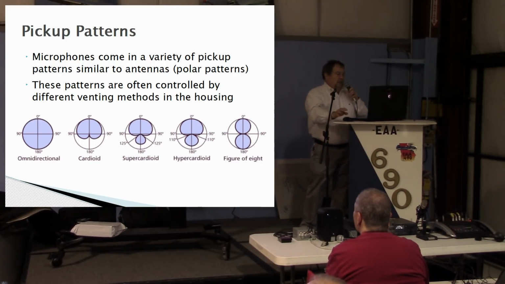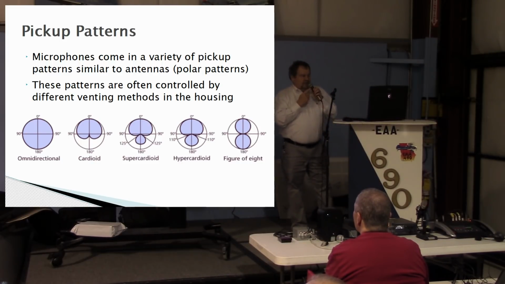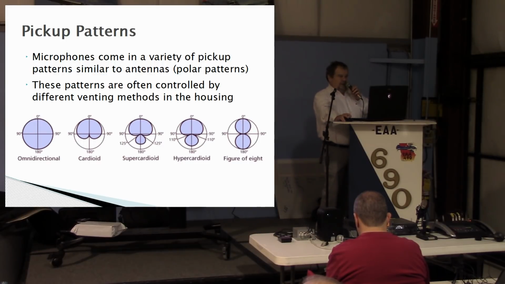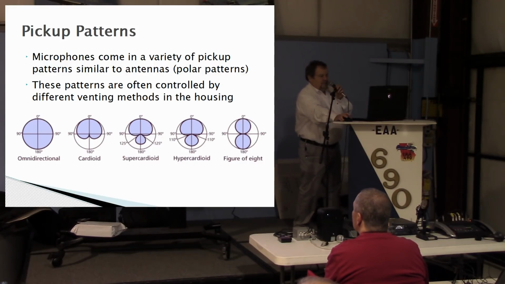That's what the pattern looks like. Then there's the cardioid. This mic is a cardioid mic, and you don't see this much in antennas. Maybe a parabolic antenna would act somewhat like a cardioid, because you see at the very end there is pretty much 100% rejection, and that's very useful.